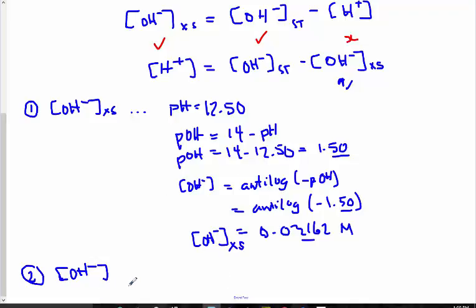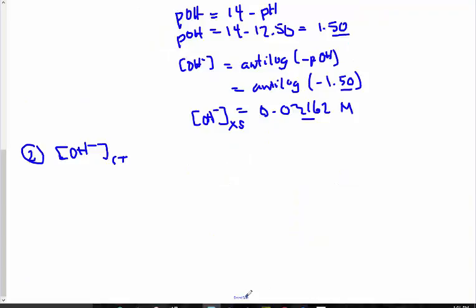So this is the starting concentration. If there was a dilution, we'd have to be aware of it. In this case, we're told that the volume doesn't change when we add the grams of acid, so we don't have to do a dilution calculation, which is nice.